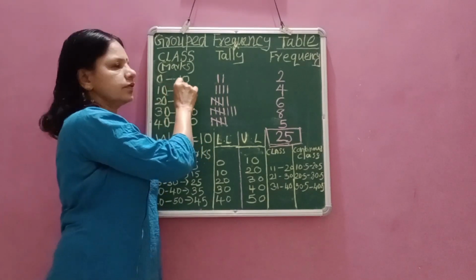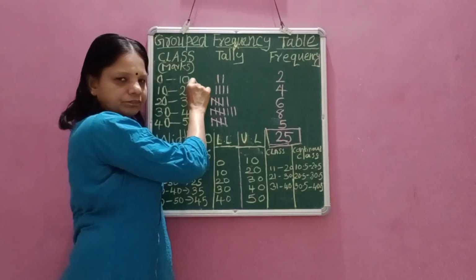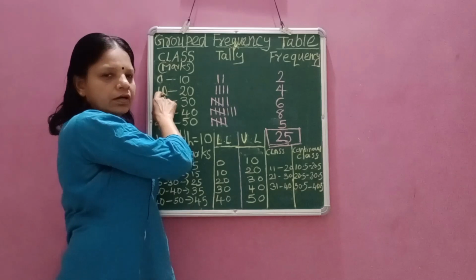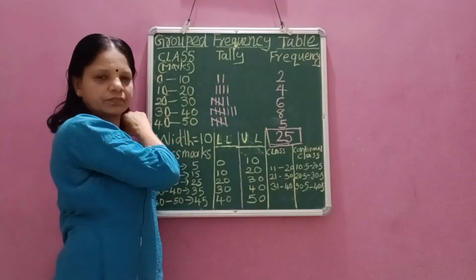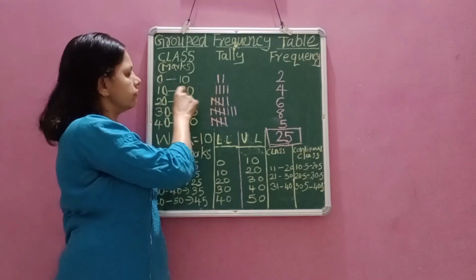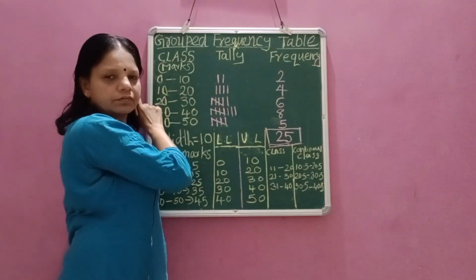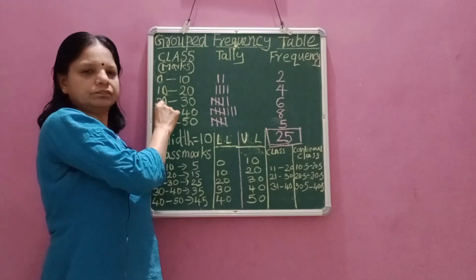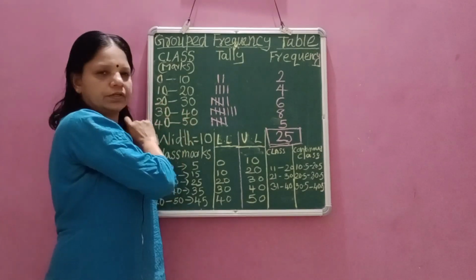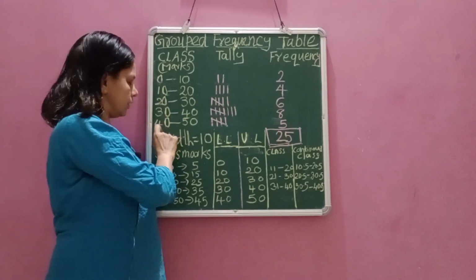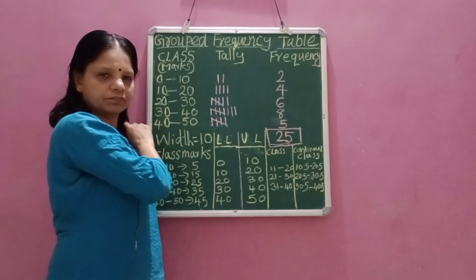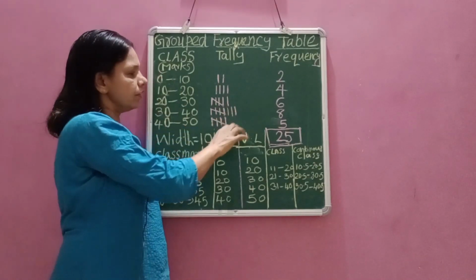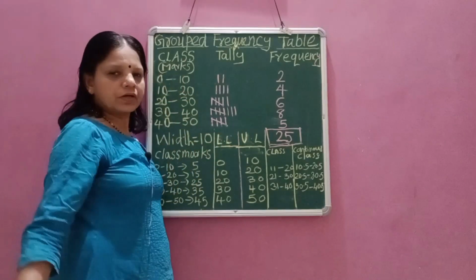Suppose there is 10. 10 will come in the class 10 to 20. 11, where will it come? In 10 to 20. 35, where will it come? 30 to 40. 40, where will it come? 40 to 50. Clear? So this is the way we can show the frequency table.